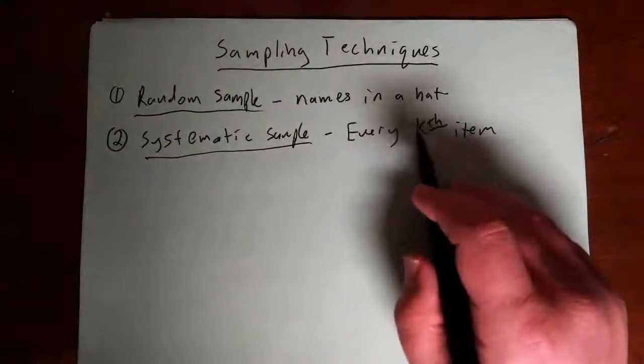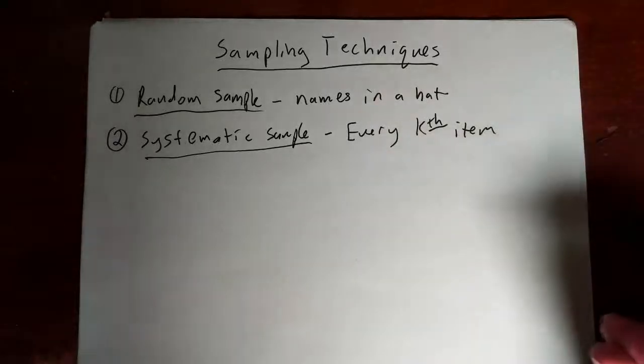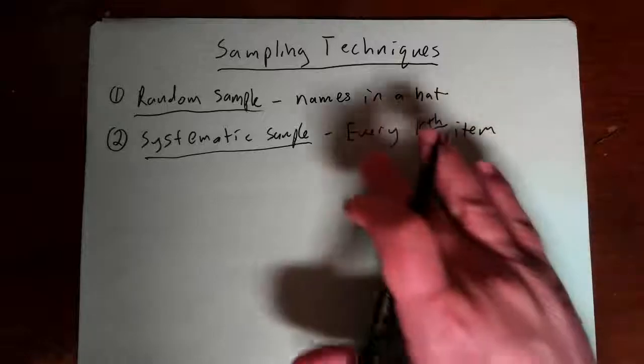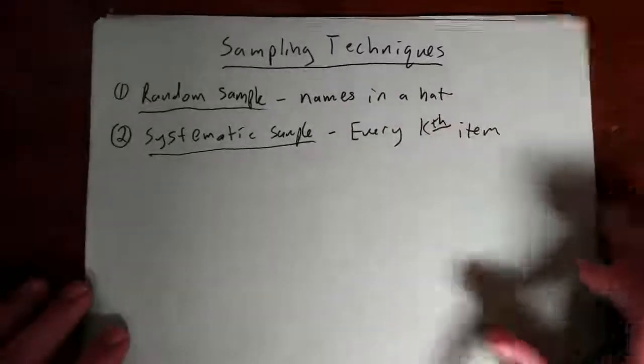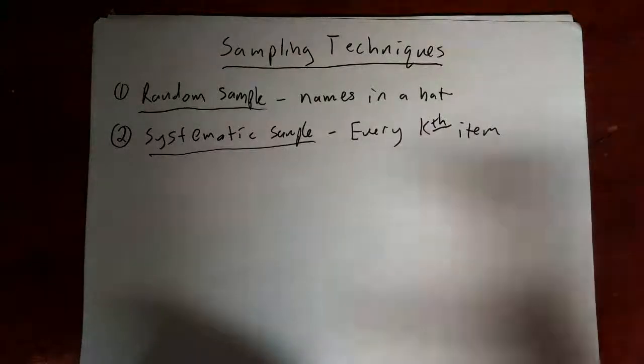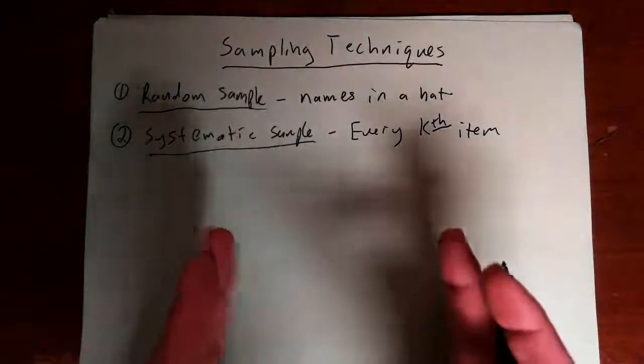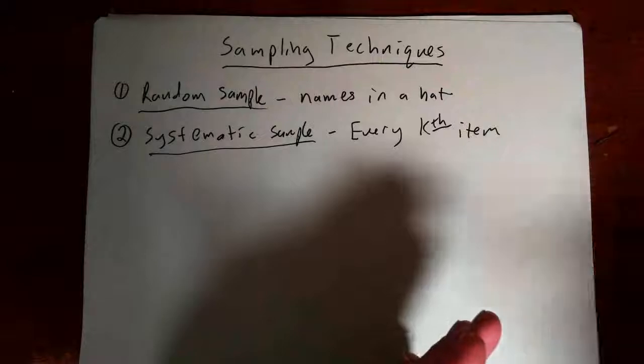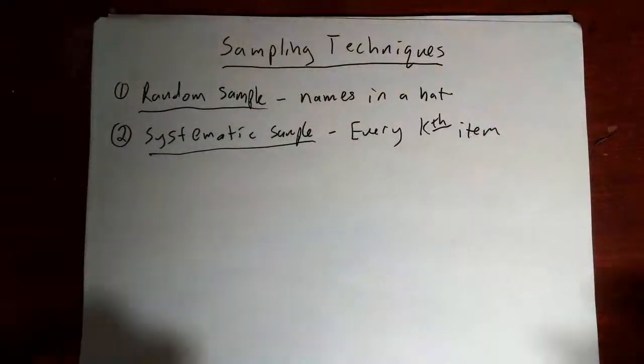But since you're randomly selecting K and the first observation, they would take that as a random sample. And the reason for this is you want to get kind of an even observation as it comes off the line, at regular intervals. Okay.